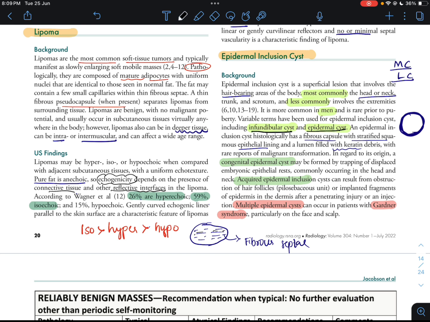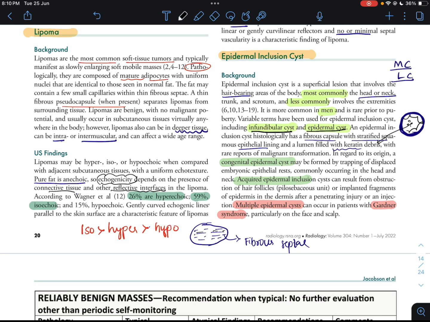As the name itself says, an epidermal inclusion cyst will have a fibrous capsule lined by stratified squamous epithelium, and the lumen will be filled with keratin debris. Based on their origin, they can be congenital or acquired.